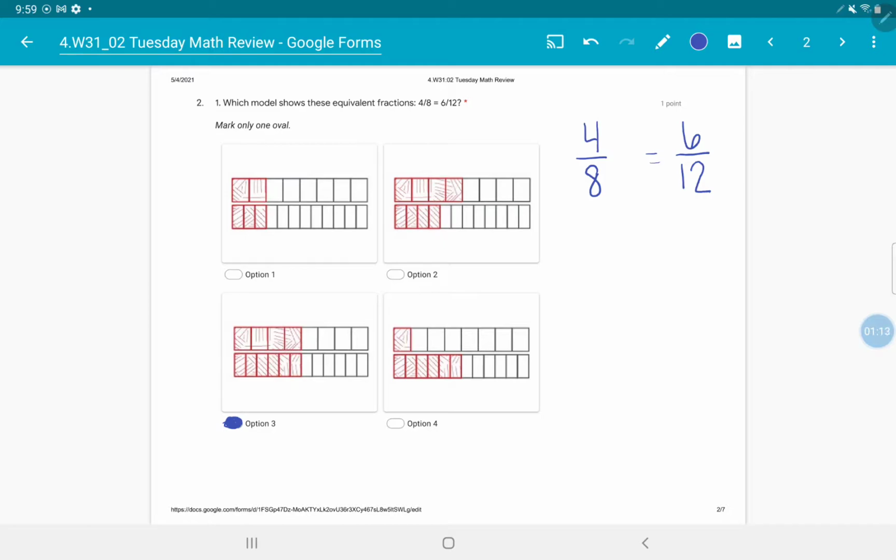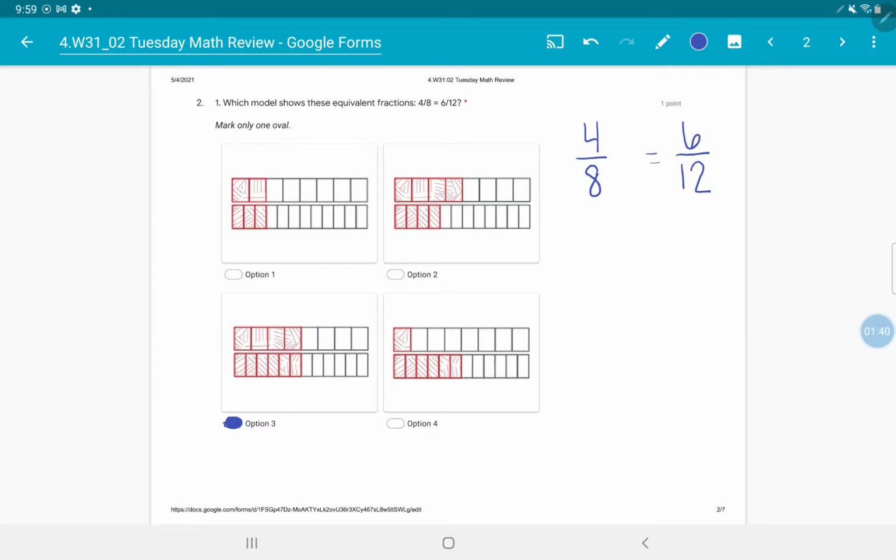What do you notice about 4/8? The 4/8 denominator is littler. Okay, so since the denominator's smaller, we have a little bit bigger pieces than 12. You're right.